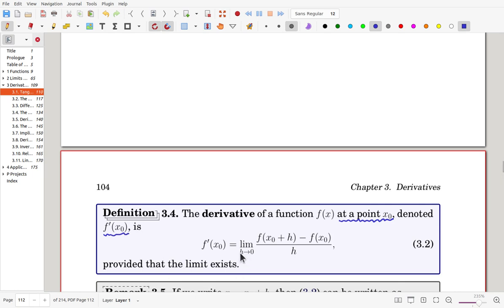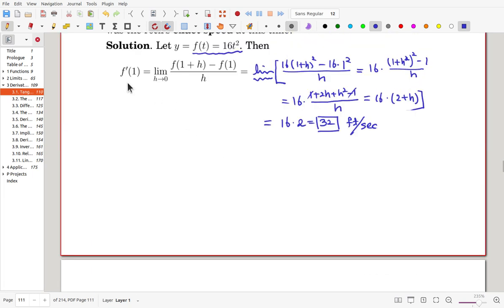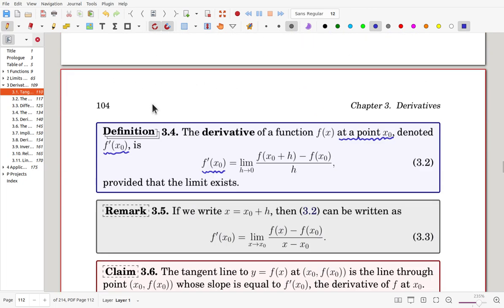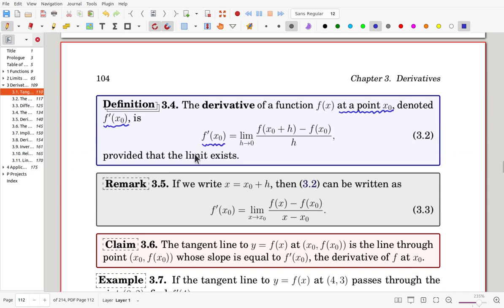Once the limit exists, we call it the derivative of the function at point x0, and we use the notation f prime x0. Here we used it already: for a given function, once the limit exists, that is f prime 1. Okay, that is the derivative.